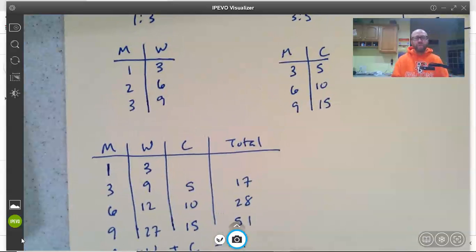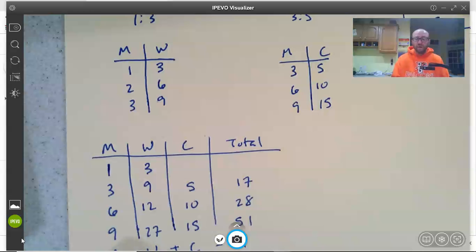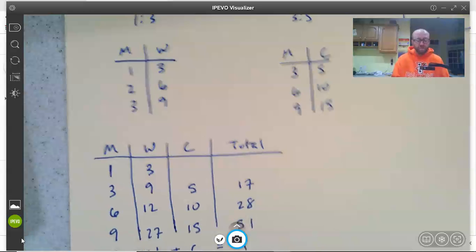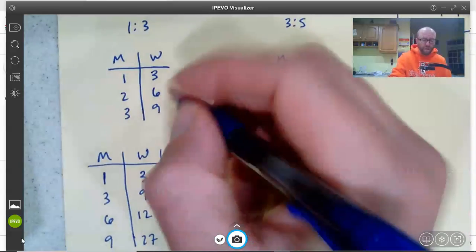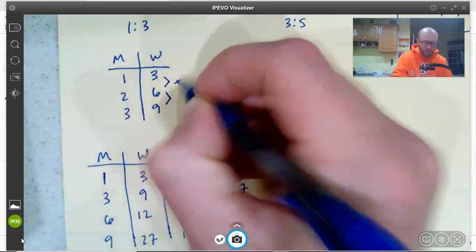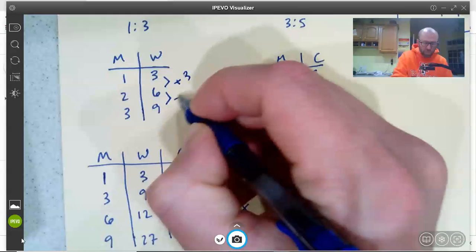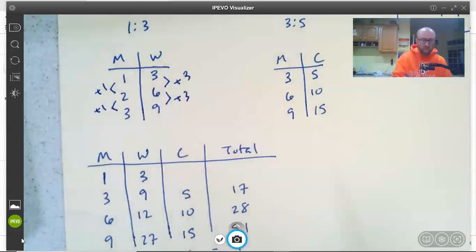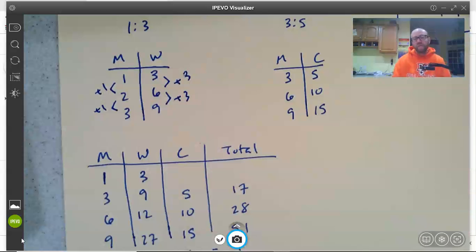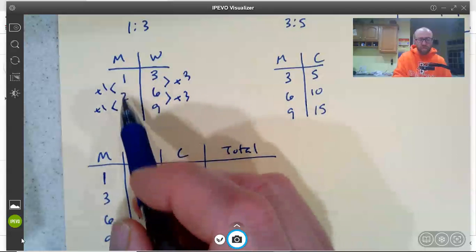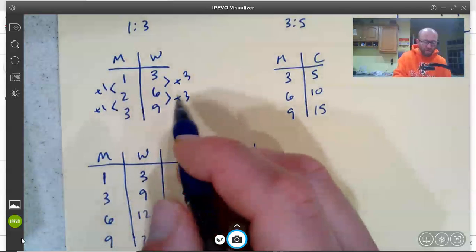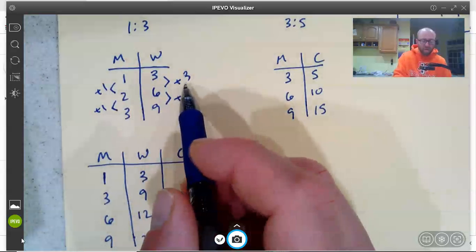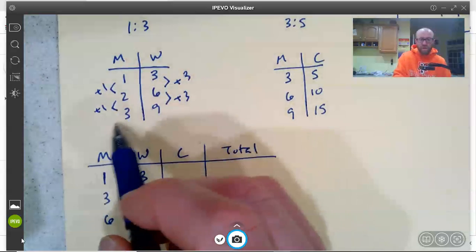Well, we can use our algebra trick for figuring out relationships, writing relationships as rules. Here, for men to women, notice that on the women's side it's plus 3, and on the men's side it's plus 1. So our rule for representing the number of women in terms of the number of men involves a rate of change of 3 to 1.